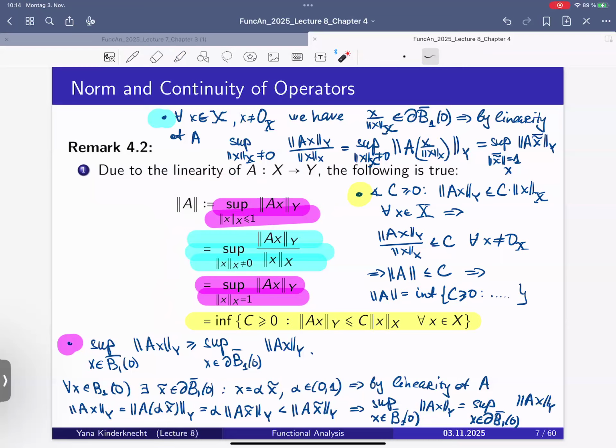In particular, I will write here, hence, we know that the following inequality holds: the norm of Ax in Y is smaller or equal to the norm of A times the norm of x. And this holds for any x in X. Just look here. This is a convenient inequality which one sometimes uses.